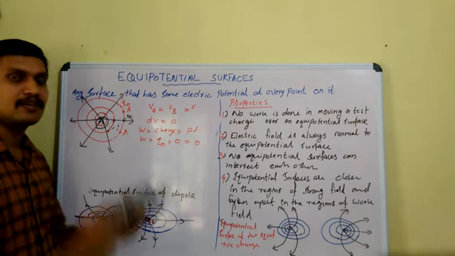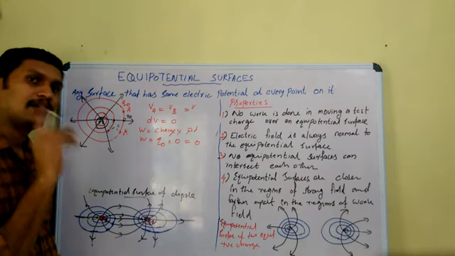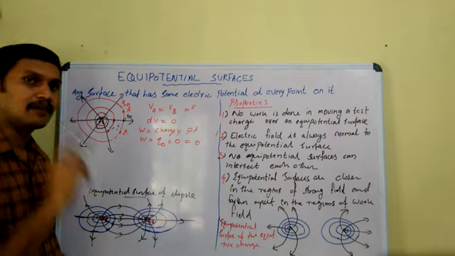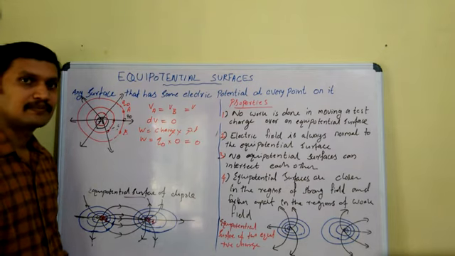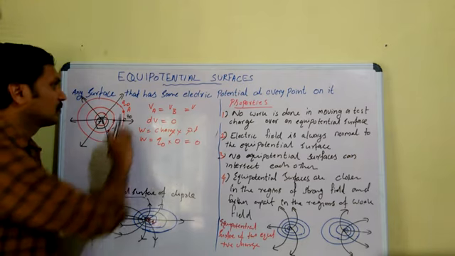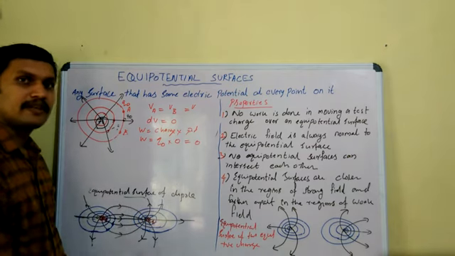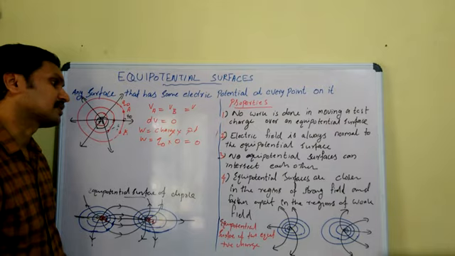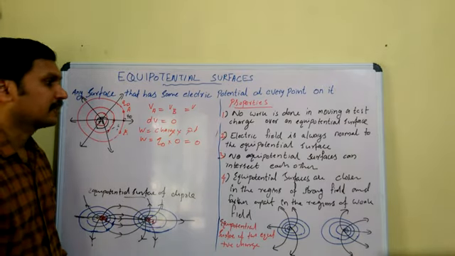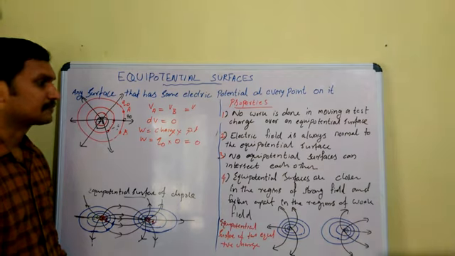As it is an equipotential surface, it can have only one value of potential and only one value of electric field. So two equipotential surfaces never intersect each other. That is the third point: no equipotential surfaces can intersect each other.